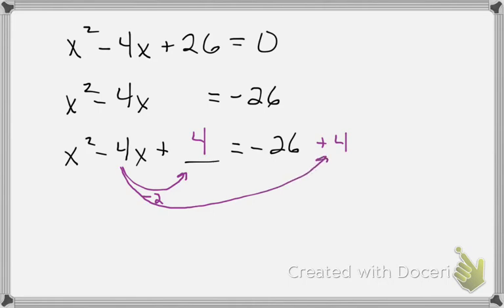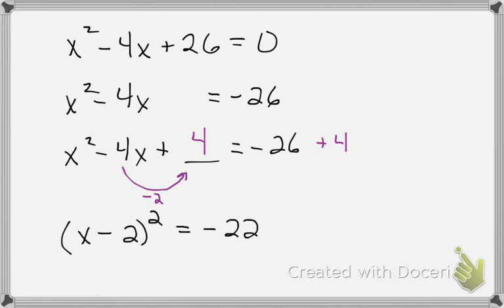So, it's always going to be, oops, not that. We're going to factor, and we're going to get x minus 2 all squared, because we engineered that perfect square trinomial on the left. And negative 26 plus 4 is negative 22.